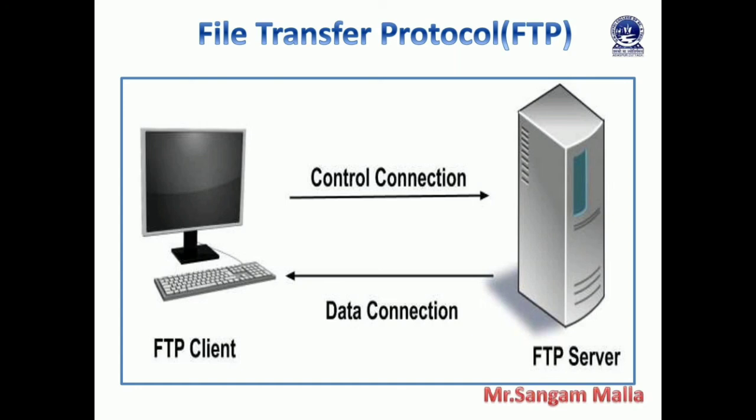So the client always gets connected to the server through the control connection, and the server fulfills the data the client requires through the data connection. So two processes take place between client and server. Whenever it is client to server, it is called the control connection, and whenever it is from server to client, it is called the data connection. In this way FTP performs its task by sending data between the client and server.